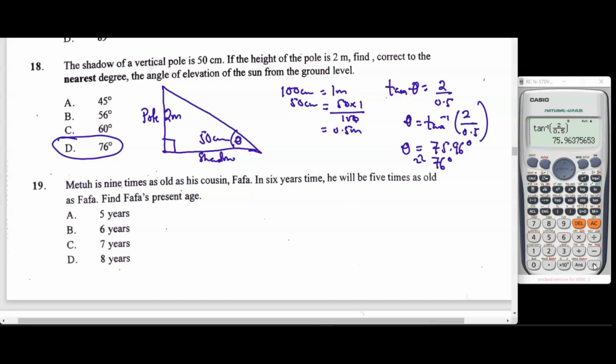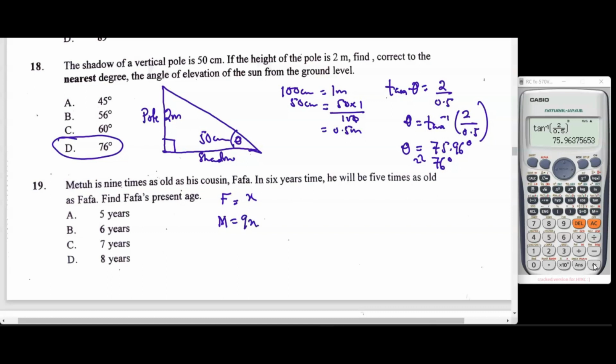So we have Fafa as x, because it says Mitu is 9 times as old as his cousin Fafa. So if Fafa is x, then Mitu, any name is actually a noun, so you can use any word for it. So Mitu is going to be 9 times as old as Fafa, and that's going to give us 9x.